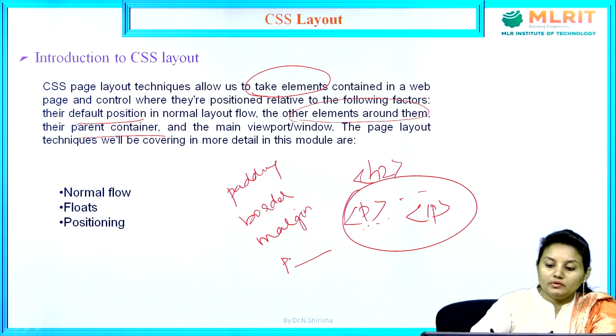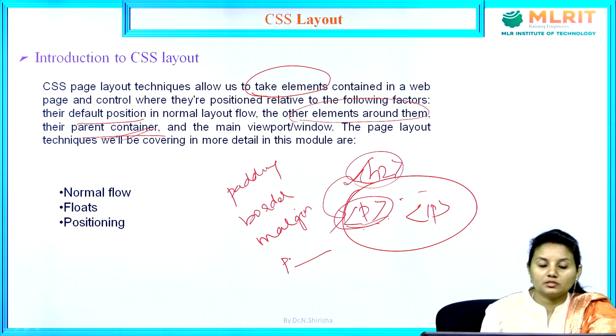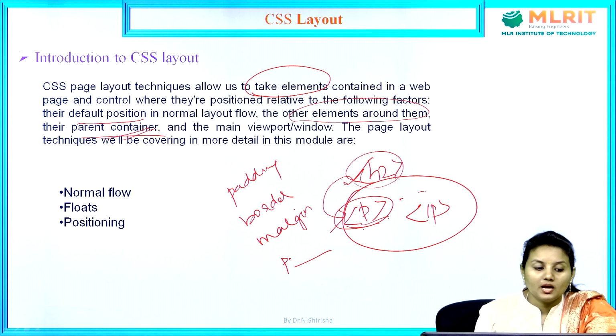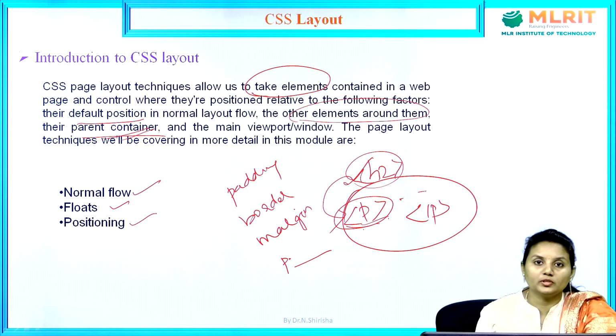So the h2 will become a parent element for this p tag. Therefore, if you want to inherit the same properties here, this parent container class will be used. And the main viewport or the window, that's the current window page, and the page layout techniques will cover in more detail the normal flow, floats and also positioning elements.